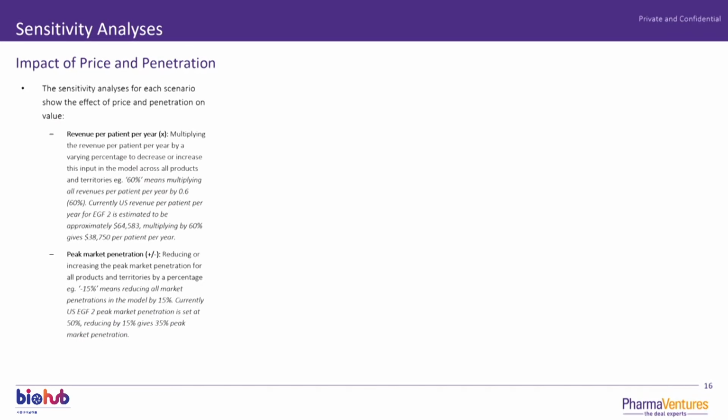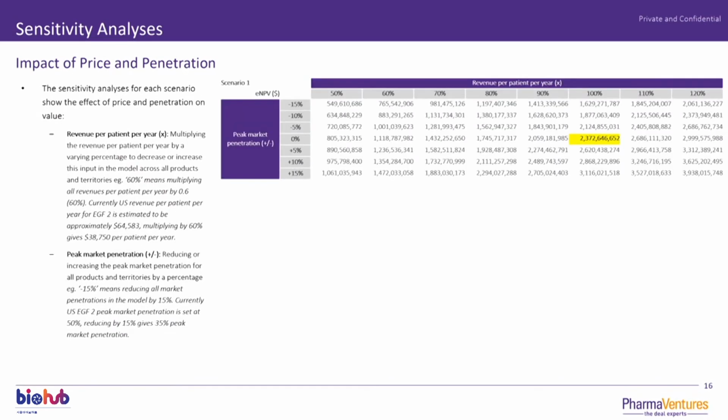We were looking at giving the client the ability to say, well, if I got a slightly lower percentage revenue per patient per year, they could decrease that up or down and see what the impact of that was, and similarly see what the impact of a reduction in penetration into all markets, because maybe it wasn't quite as good as the PD-1s, PD-L1s.